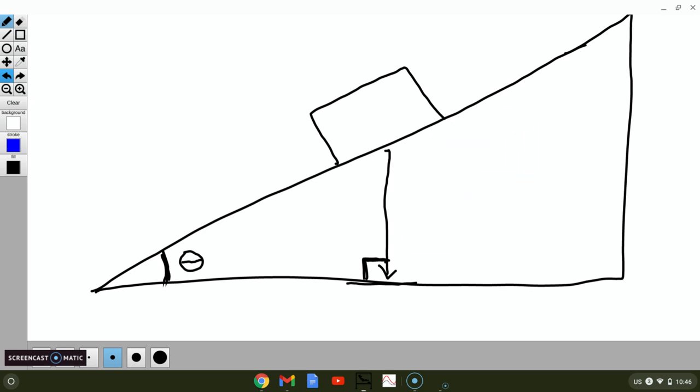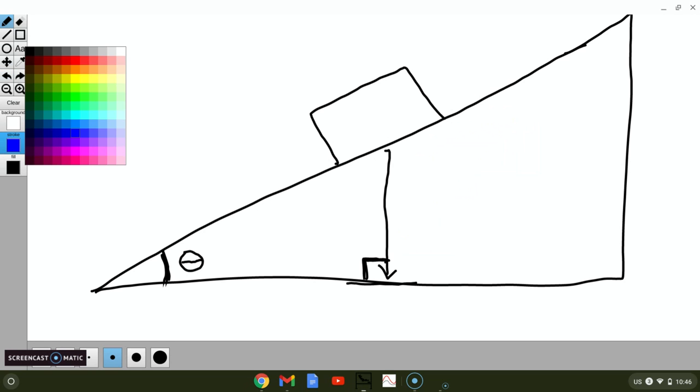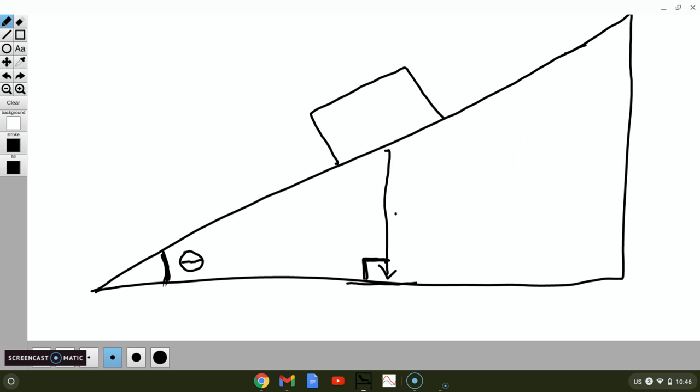Now, here's the problem with Fg: everything's set at this angle and it is not set to that angle, and that makes things a little difficult. So what we want to do is draw components of gravity that are set at 90 degrees to this angle that we've raised the incline.